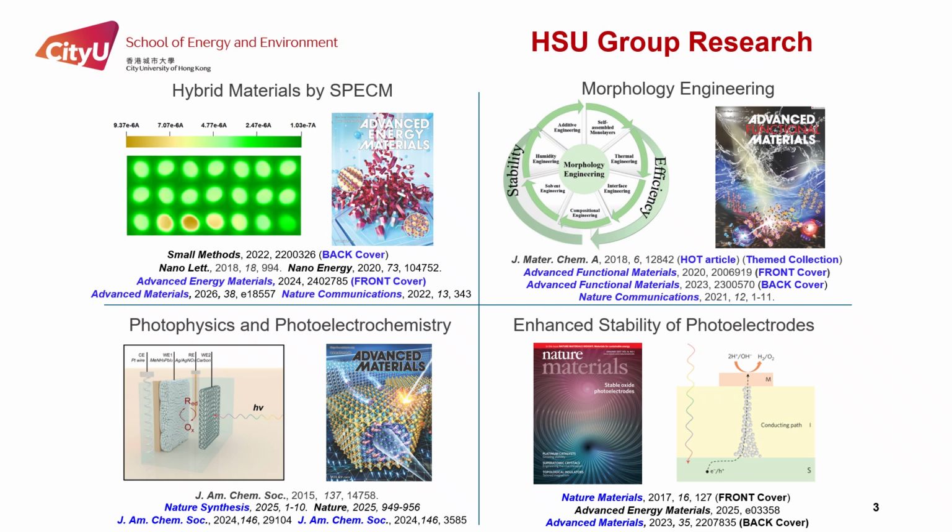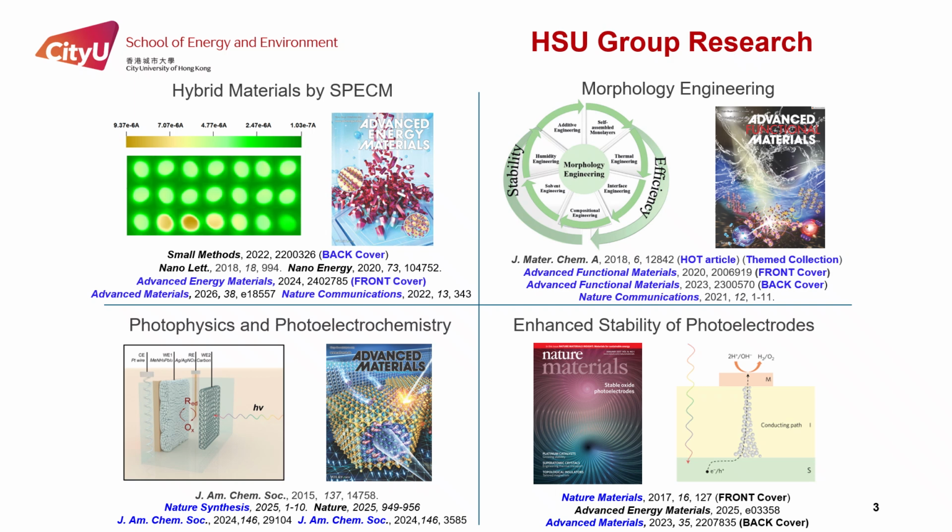Here I want to show you some examples. We use scanning photoelectrochemical microscope imaging to design and optimize hybrid materials, and then by using morphology engineering to make uniform, pinhole-free, and high crystallinity thin films.